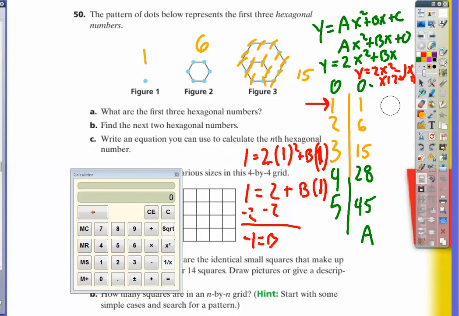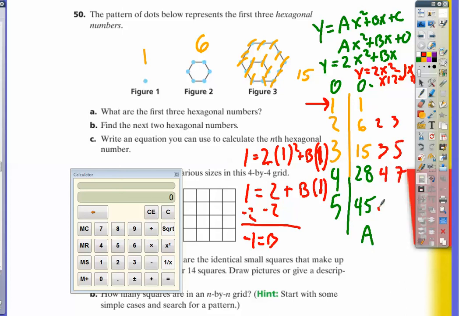If I look at some factors, so the factors of 6 are 2 and 3, right? And the factors of 15 are 3 and 5. And this is how most people would probably do it in 8th grade. Factors of this, 4 and 7. I see a connection here.